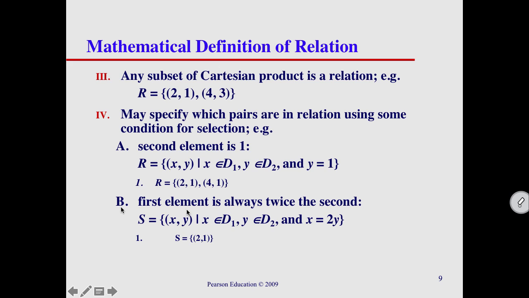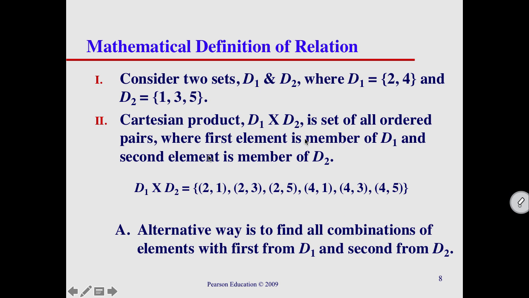Okay? Or here's the second one. It's a second relation S drawn from our universe. It's the set of tuples such that X is equal to 2 times Y. And the only possible tuple that satisfies that is (2, 1).